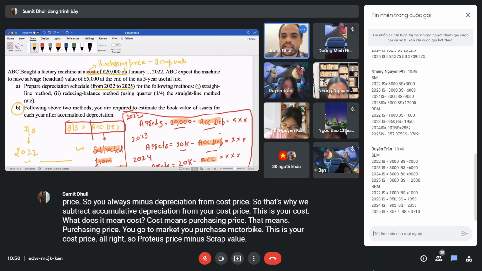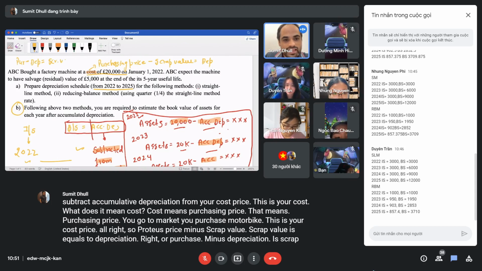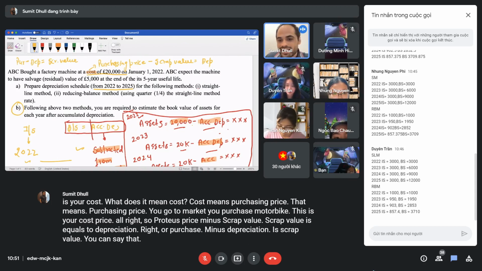That's exactly what we are doing: cost minus depreciation.